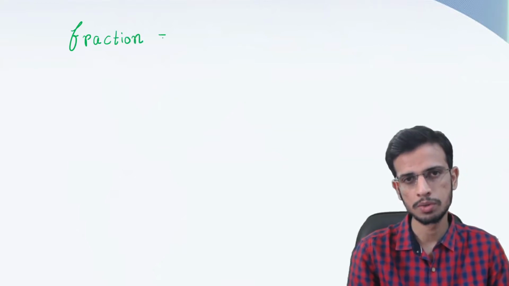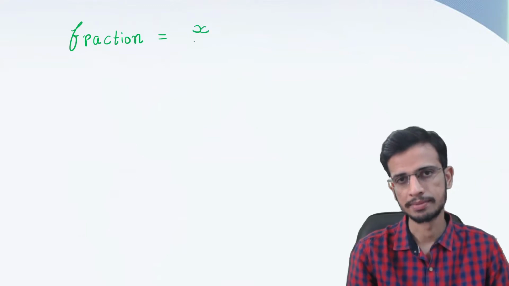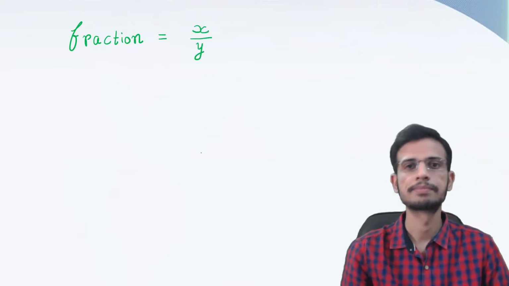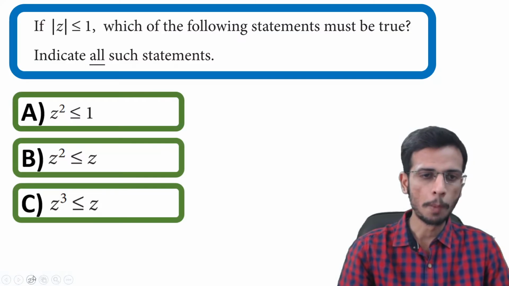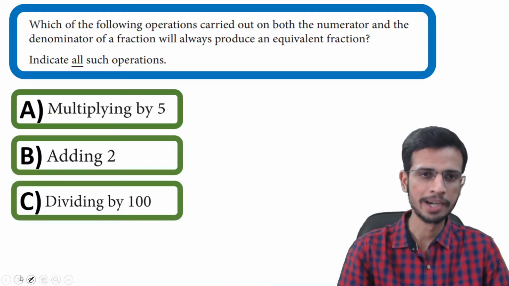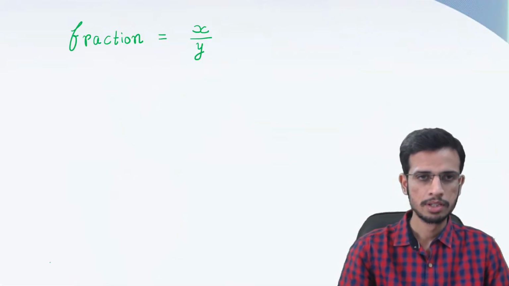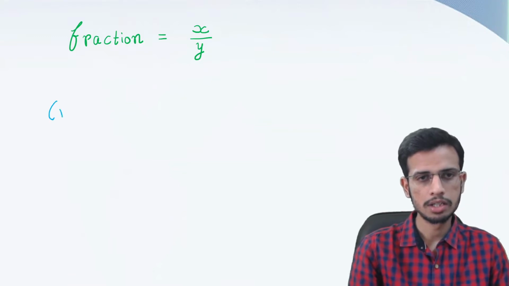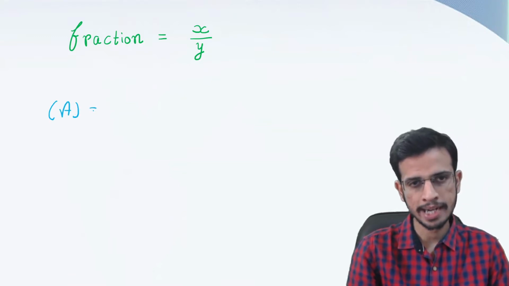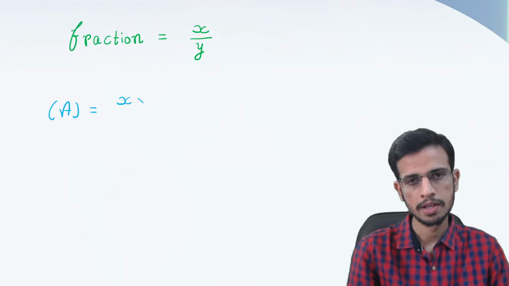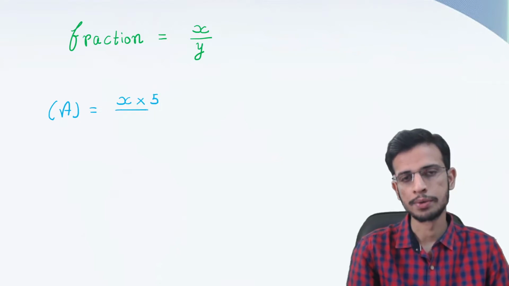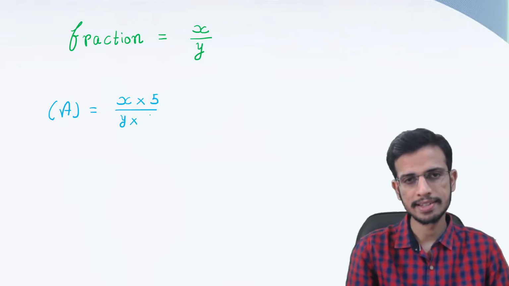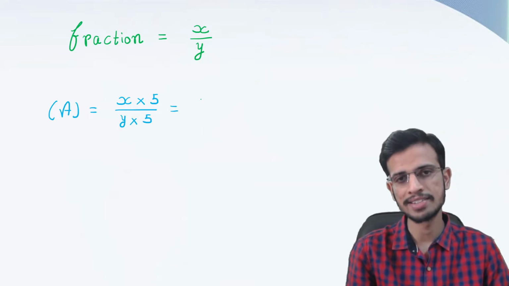So according to option A, multiplying by 5, you will be getting x into 5 divided by y into 5. So the fraction is x by y only. It's the same fraction.